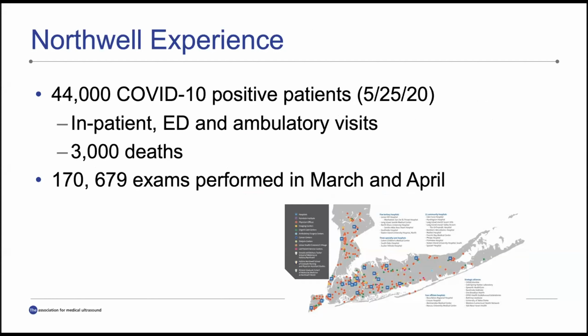These patients are seen in both the inpatient, emergency, and ambulatory settings, and we've seen that it's resulted in about 3,000 deaths. And in radiology, we've performed over 170,000 examinations in March and April in patients with COVID-19 infection.